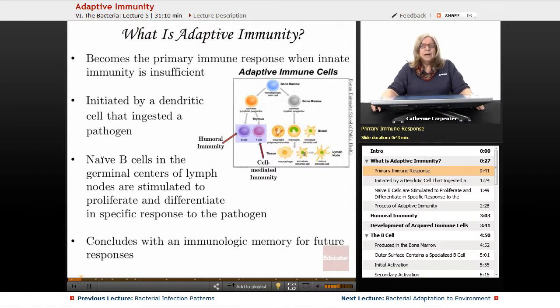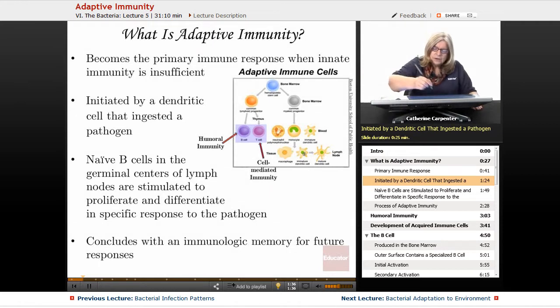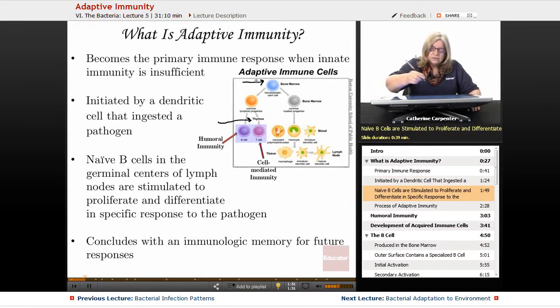So really, adaptive immunity is initiated when there is a dendritic cell that engulfs a pathogen. And we have the thymus, right? So here is the thymus, which is a source of where the T and B cells reside. And we also have the precursor bone marrow. The precursor bone marrow releases cells that are lymphocyte progenitors, which means they're pre-lymphocytes and they can become T or B cells.